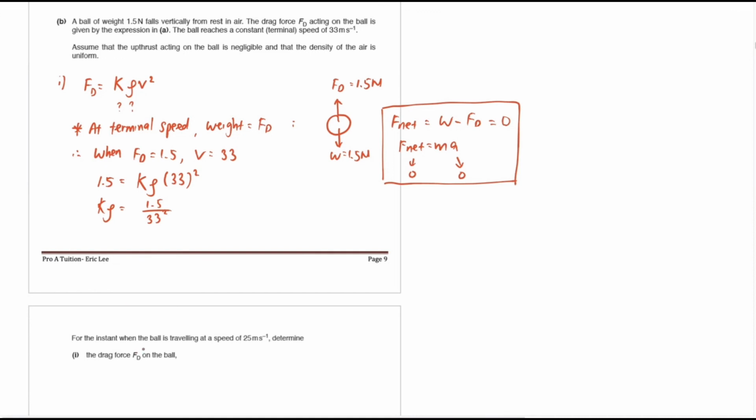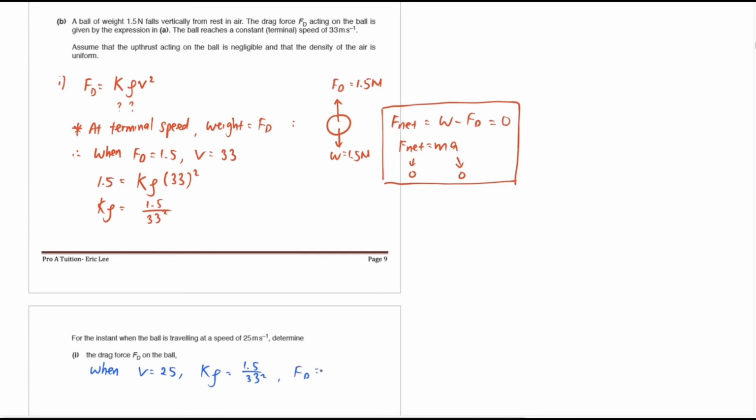Now we reuse the same formula. Fd equals K rho V square. I put it in blue color. V equals 25, and K rho equals 1.5 over 33 square.